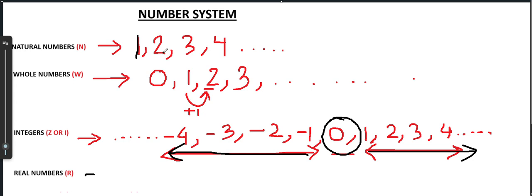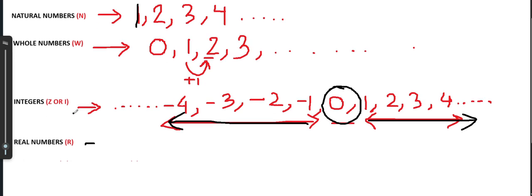First we had the natural numbers, which had no 0. Next we had the whole numbers, which had a 0. The third one was integers, which had 0 and also the negative part. Now the real numbers are what? Real numbers have the negative numbers, the positive numbers, the 0, as well as fraction parts.